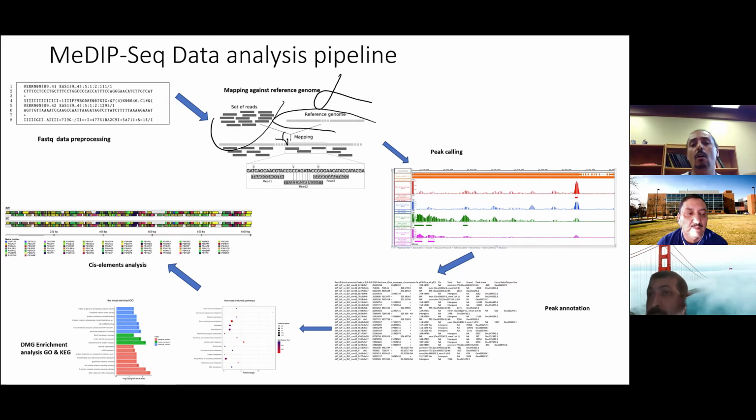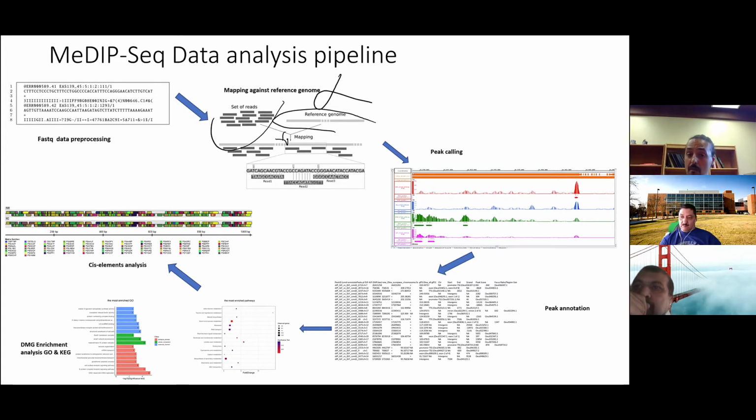Sometimes three sequences will map to the same area, or the same sequence will map to different areas. So the algorithm will calculate the p-value, and the sequence with the highest score will be allowed to map in that area.